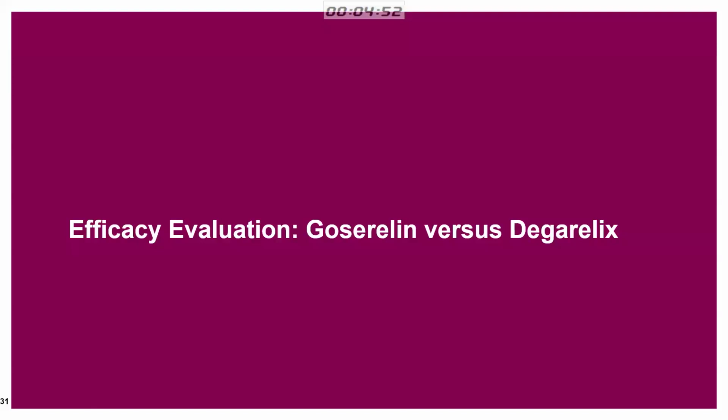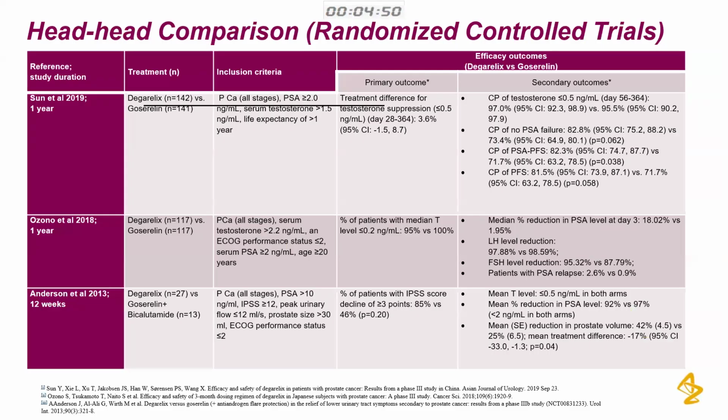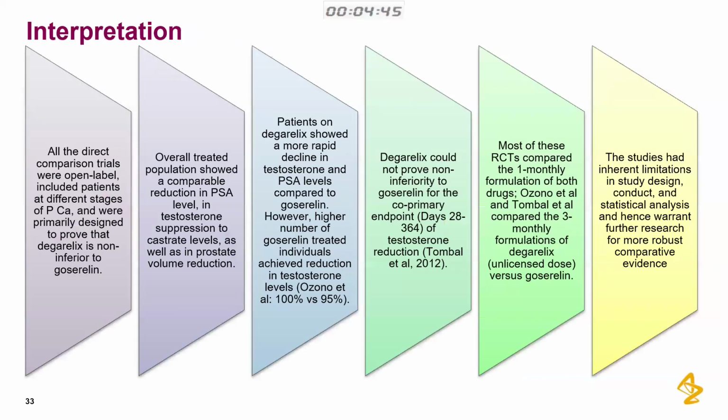Again, the efficacy evaluation of both. So the various trials have been compared. The main points of the efficacy comparison are that all the direct comparison trials were open label, and the overall treatment population showed a comparable reduction in PSA level, in testosterone suppression, as well as in prostate volume reduction.